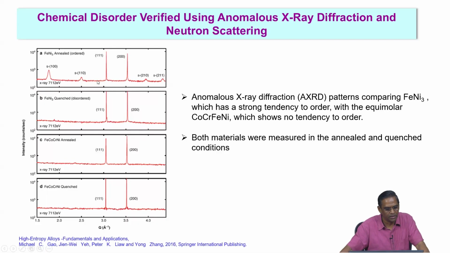You can clearly see that this is a reference material, FeNi3 annealed, which shows an ordered phase here, and for iron, cobalt, chromium, nickel you do not have any clear signal of ordering.